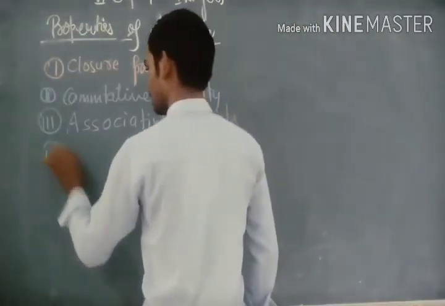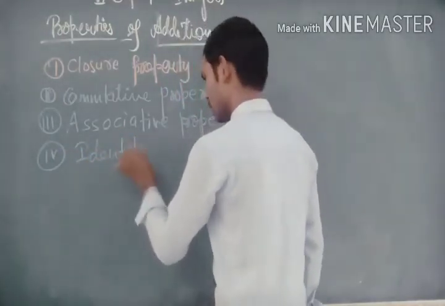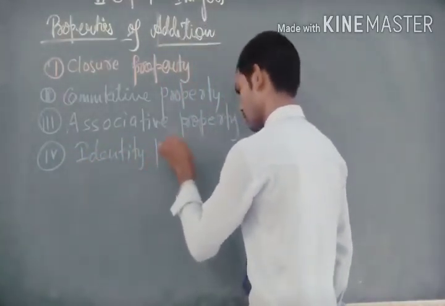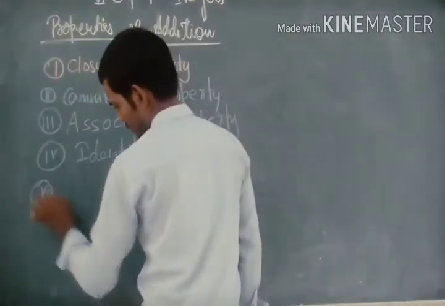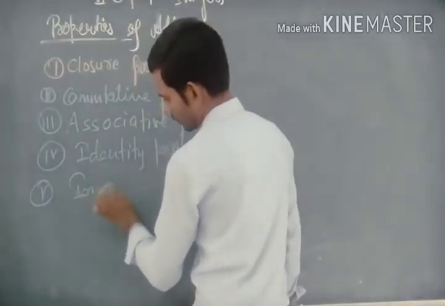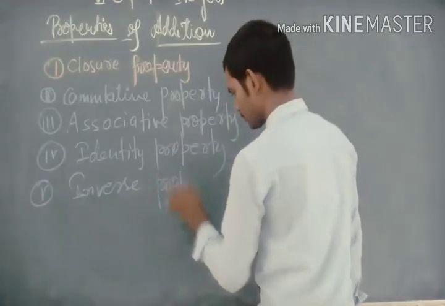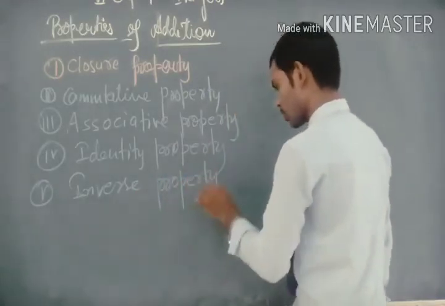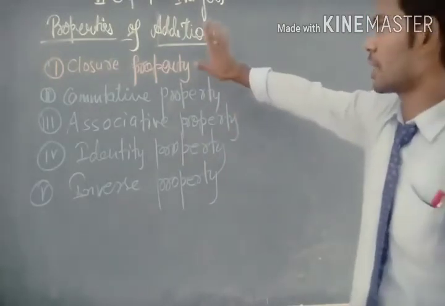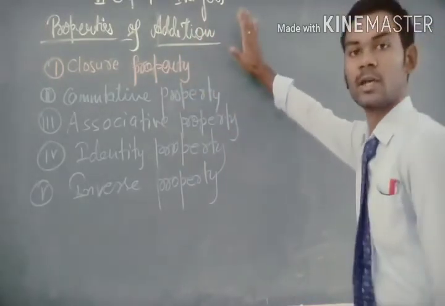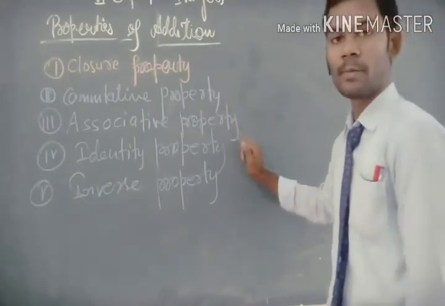The fourth is identity property. And the last is inverse property. So students, here we have five properties of integers on addition. Let's discuss these properties one by one.